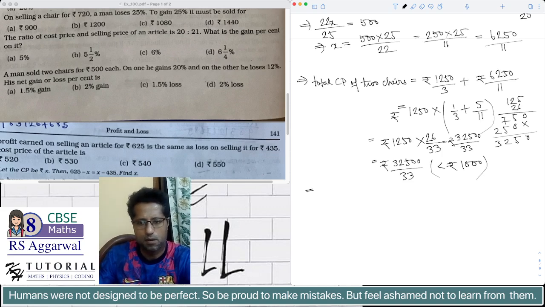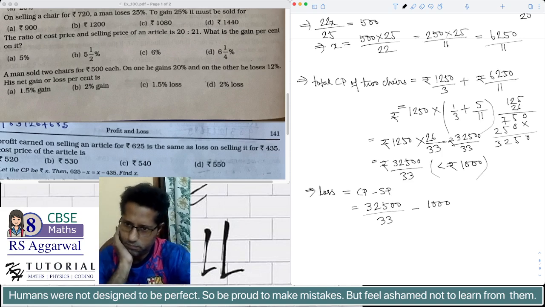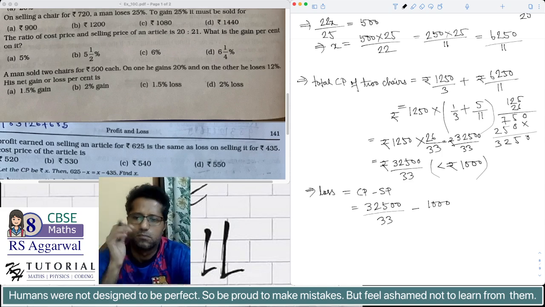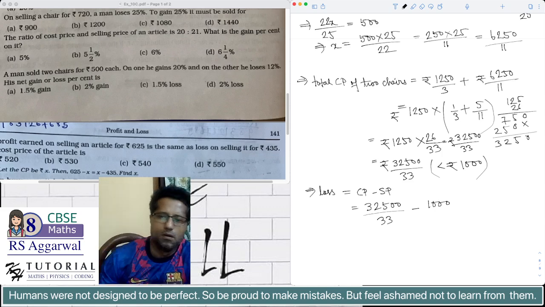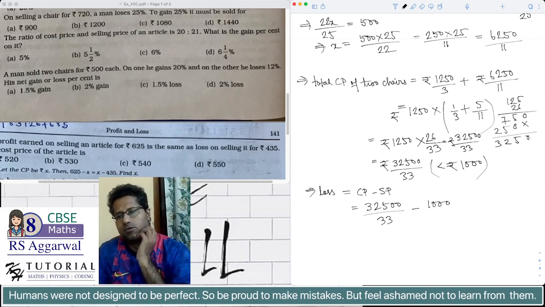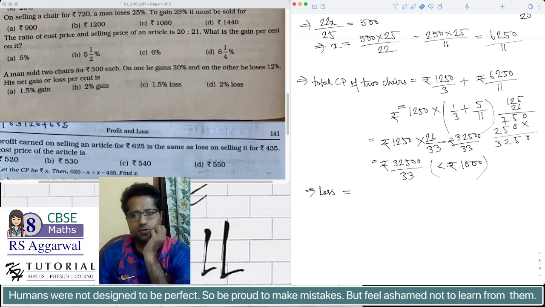So the cost price of the two chairs is 32500 divided by 33, which is less than 1000.